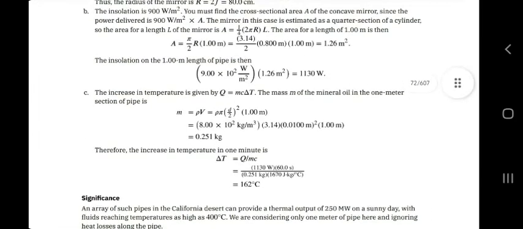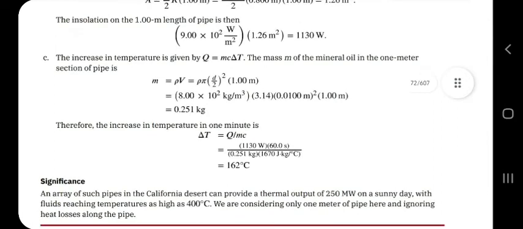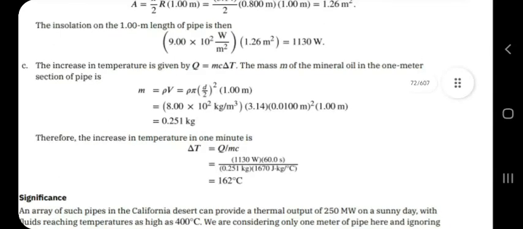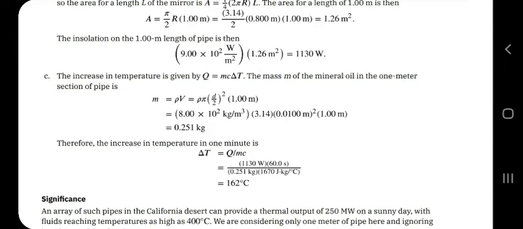So therefore the increase in temperature in 1 minute is delta T equals to Q over MC. So equals to, ang Q na to is kuan, so di ba diri man atong watts, so ato siya i-substitute kani, then 60 seconds dayon kay 1 minute man, so there are 60 seconds in 1 minute, then over ang mass dayon niya, so 0.251 kilogram times ang C niya is 1670 joules times kilogram over degrees Celsius.